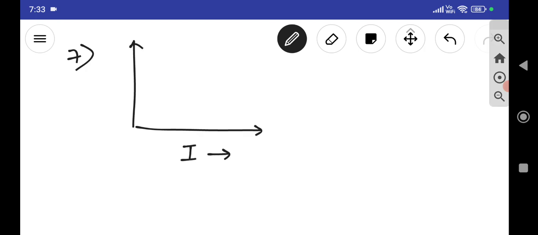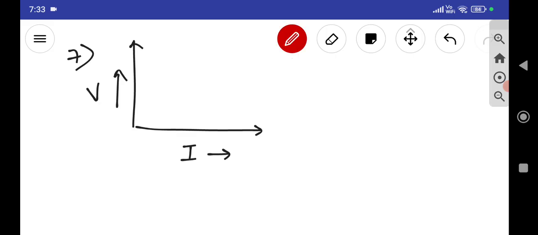In this they have given the experimental verification of Ohm's law, and you need to draw the VI curve and then answer. So if you draw the VI curve, you get like this. So I on the x-axis and V on the y-axis you take.